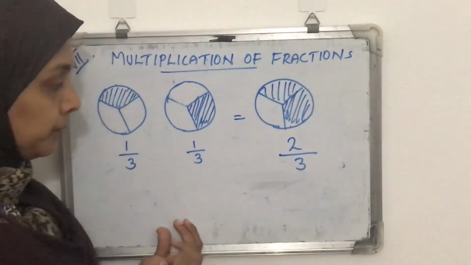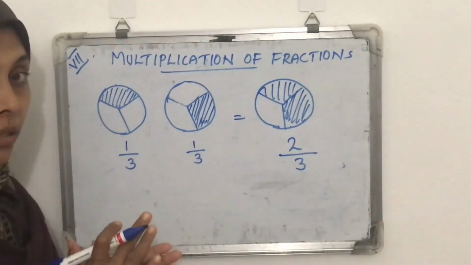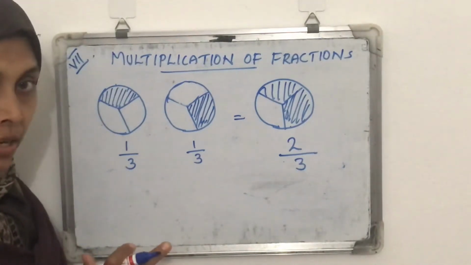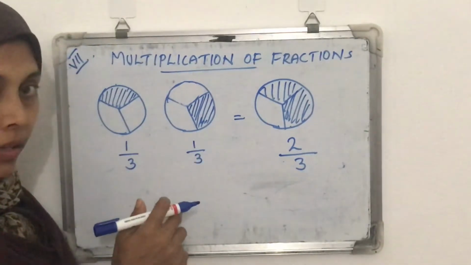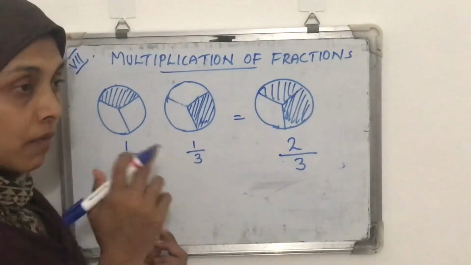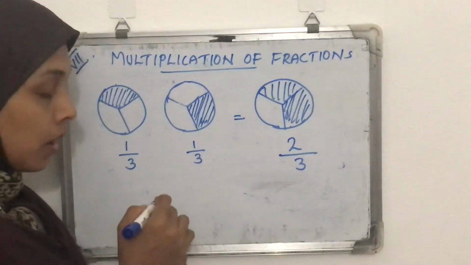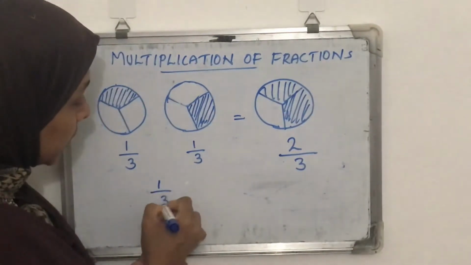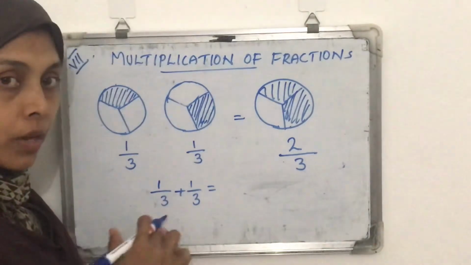3 parts. Okay. So we know multiplication is repeated addition. So 1 by 3 plus 1 by 3, instead of that we can write 2 into 1 by 3. 1 by 3 we add how many times? 2 times we add 1 by 3.